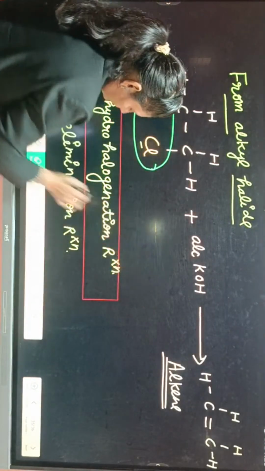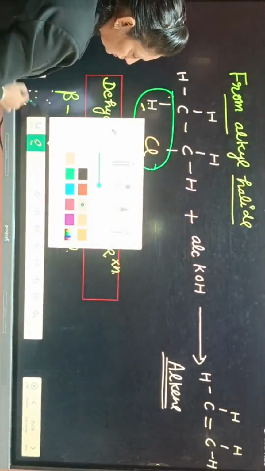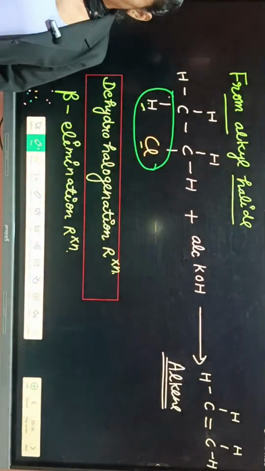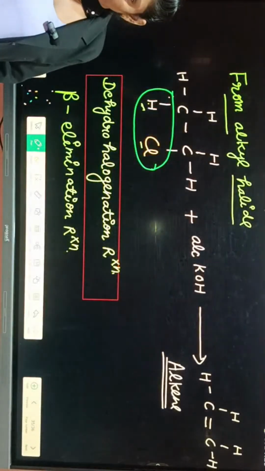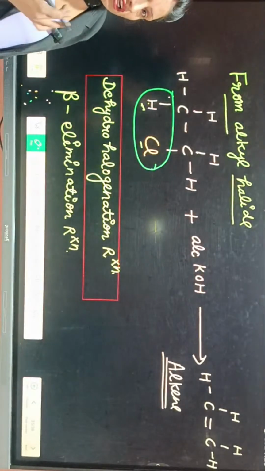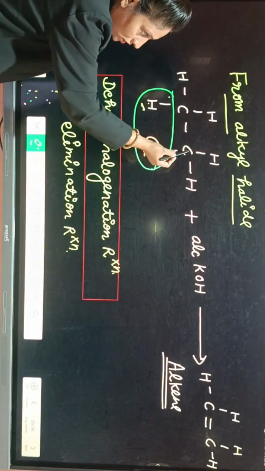Because the carbon which contains any functional group, any substituent, is known as alpha. So here the halogen group is attached to this carbon.